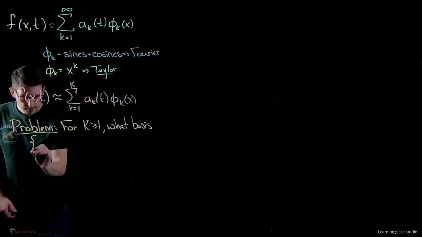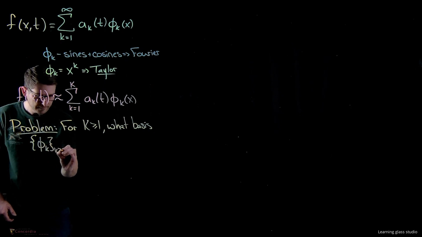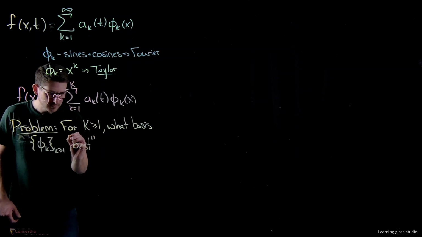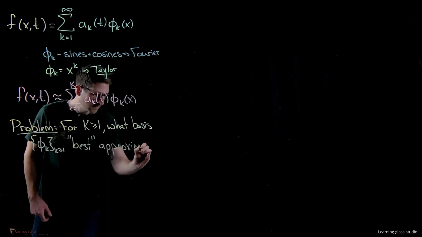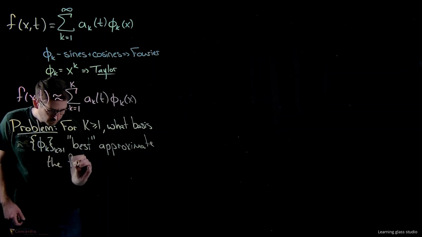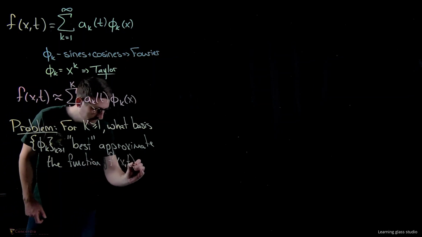So what I mean by that is what collection of functions phi k best, I'm going to put that in quotation marks, best approximate the function f of x and t.